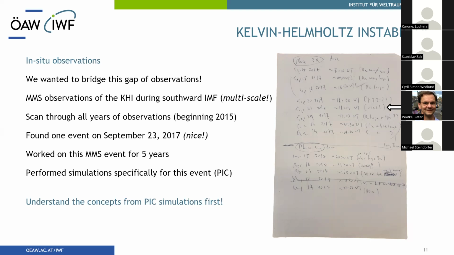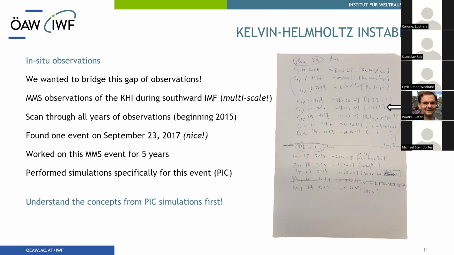And therefore we went through all the years of observations, and indeed we found one event on September 23rd, 2017. And here on the right-hand side, there was a nice gift from my first supervisor. During my internship 6 years ago, we wrote this sheet of paper, and here it says September 23, 2017.